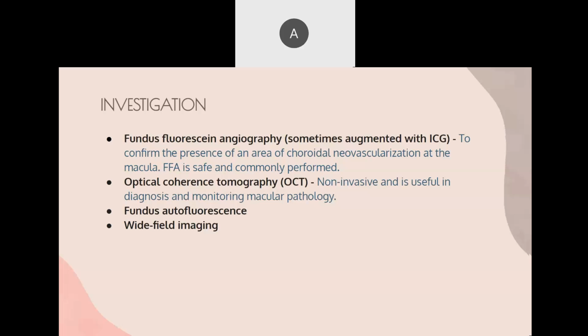Most of the scans, the dye you inject, you look at the heart, you do CT angiography, you look at the vessels in the brain, the vessels in the heart. This one we can see the vessels in the retina. We can characterize the vessels, we can see clearly. And then we don't need a radiologist or any other subspecialty to help us do it.